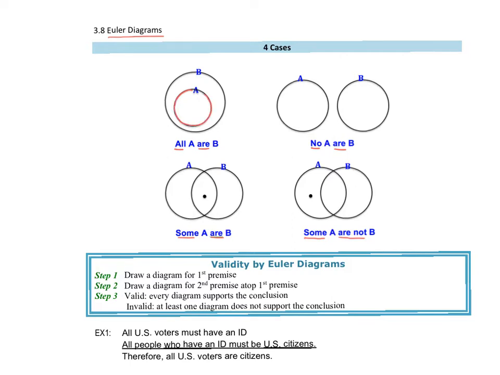So we use a circle to represent all the things in set A. So all A are B means that everything in set A is inside of set B. So A is inside set B. Now that second diagram, no A are B, means the set of all things in A are not in the set B, so these two sets are completely separate. They don't overlap in any way.